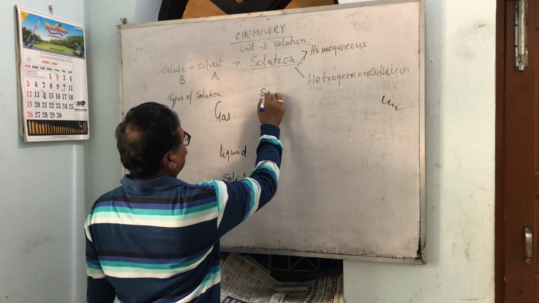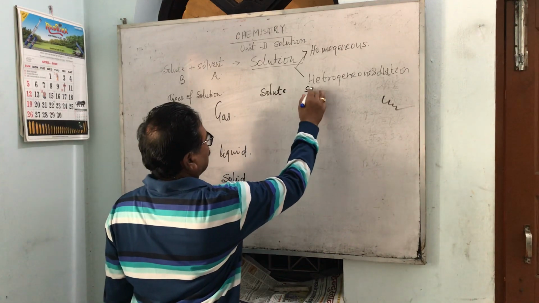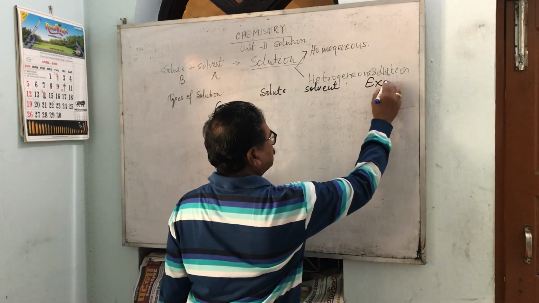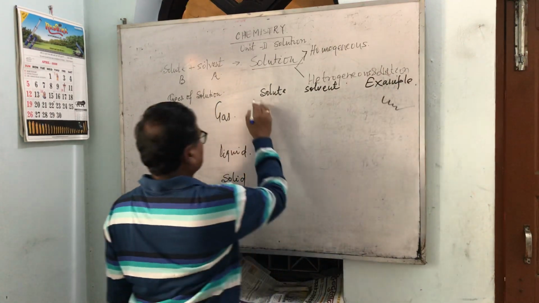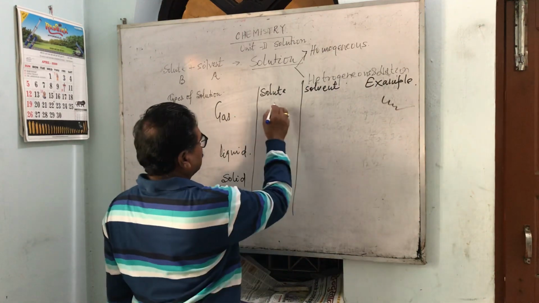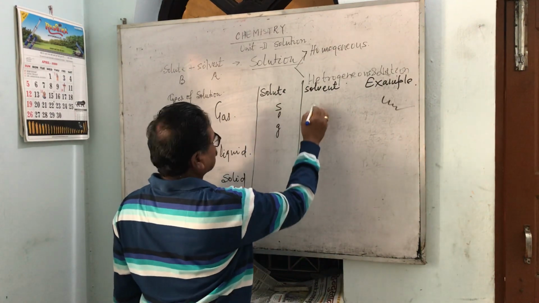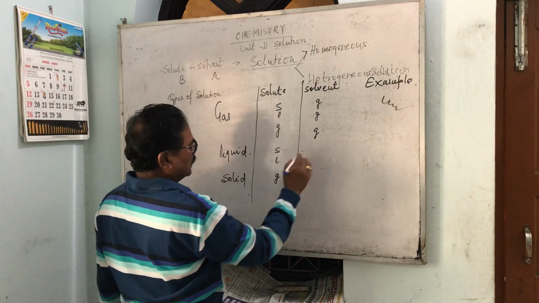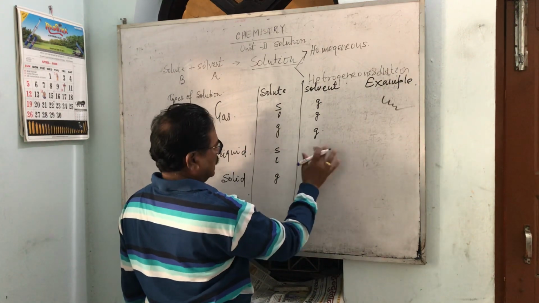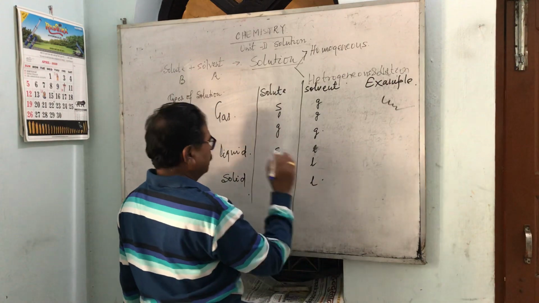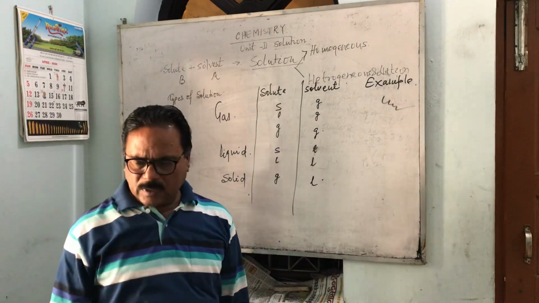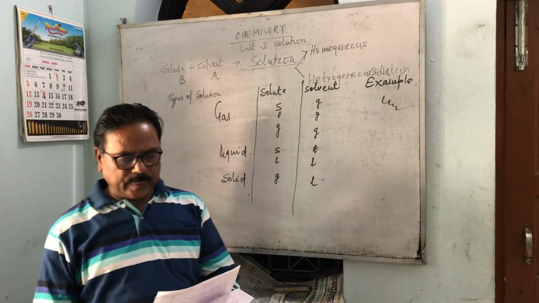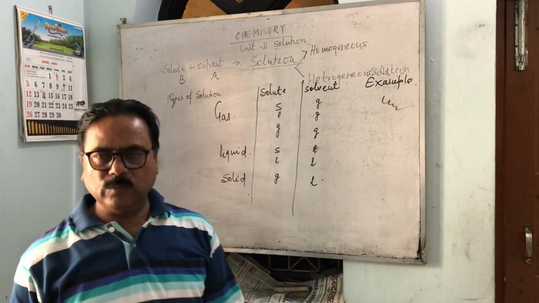There is one component, the solute, and another, the solvent, and here are the examples. The examples are listed in the NCERT book, in the table on page number 34.